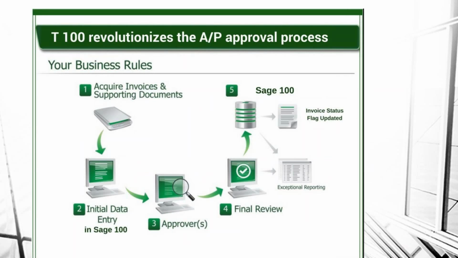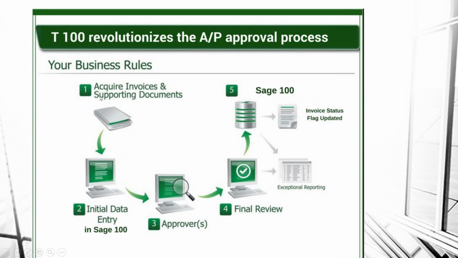Basically, the way that the AP process works, and these are the steps that we're going to follow once we go into the system: everything begins at the point where a document or an invoice is initially created or arrives at your door. So let's talk about AP invoices first. An AP invoice arrives at your door, and you take that invoice and acquire it.